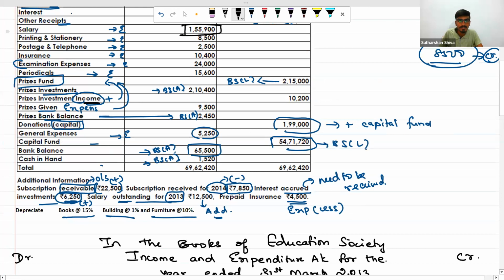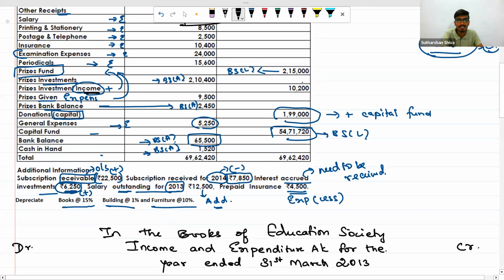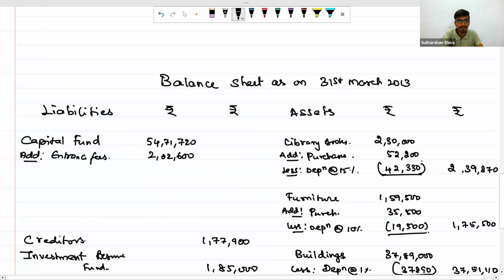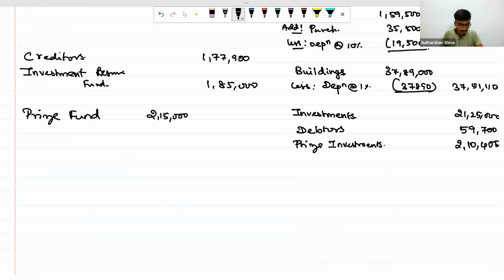Then price fund income. I already told you in the endowment funds concept, a special item: any income derived from the price fund will be added to that price fund. Okay, price investment income is 10,200. Add fund income, that is 10,200.